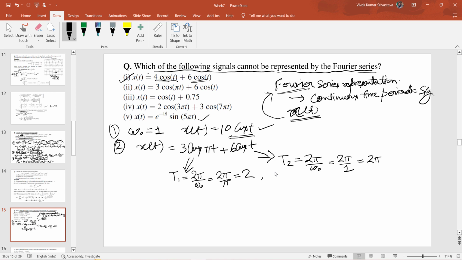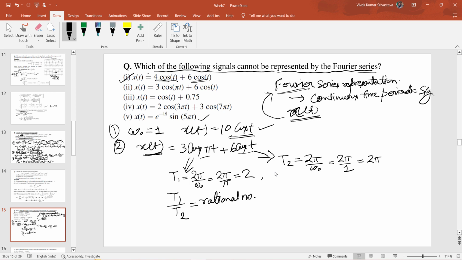So now, as we know that if we have a signal x of t, which is a combination of two different periodic signals, then this signal x of t is periodic when the ratio of t1 and t2 is a rational number.